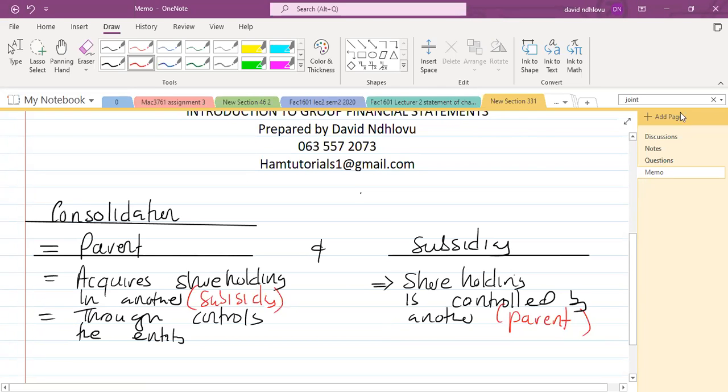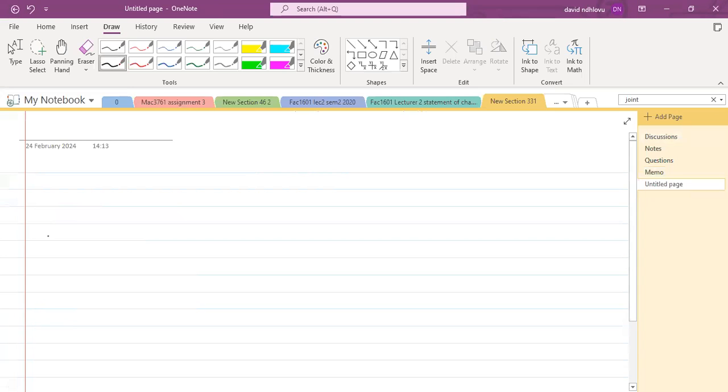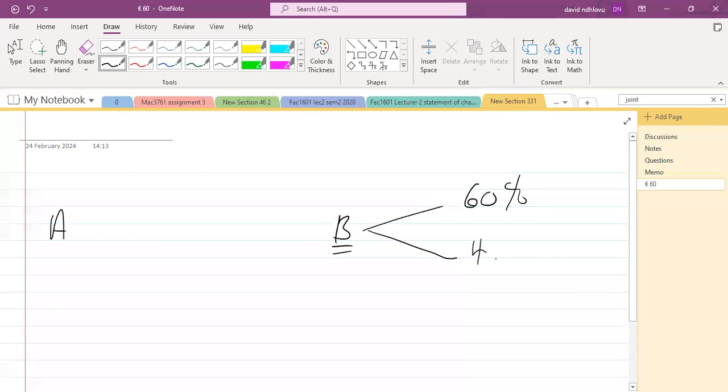Right, so it can happen that maybe I'm the owner of company A, but I also want to buy shares in company B. Then I come here and maybe I buy, say, 60% or more of the shares in that company. Obviously there will be maybe one other shareholder or more shareholders who then have 40%.